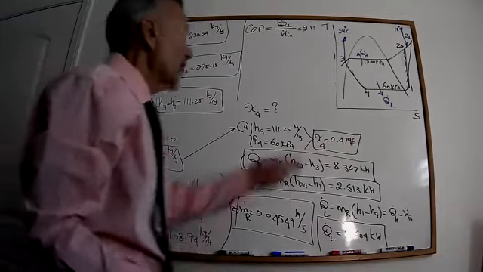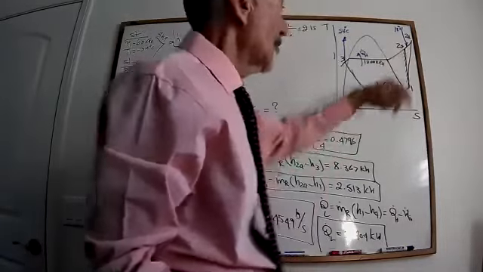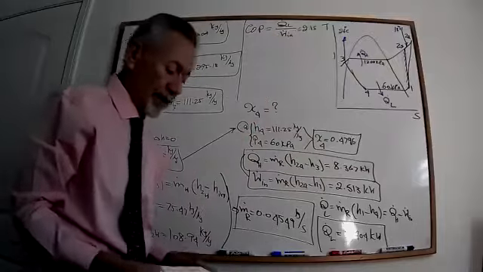Now, the reason this number is a little bit lower is because of the efficiency of the compressor. We don't know how efficient it is, but that will have a major effect on our COP.